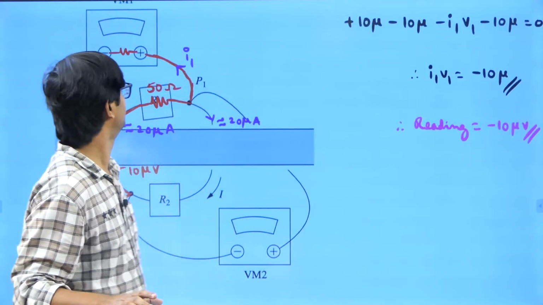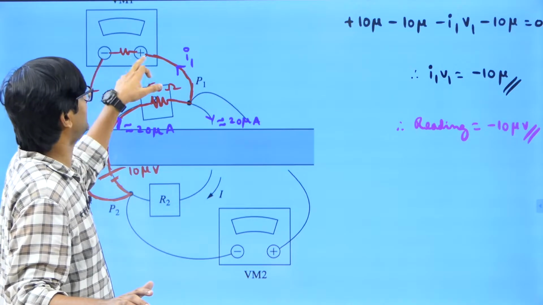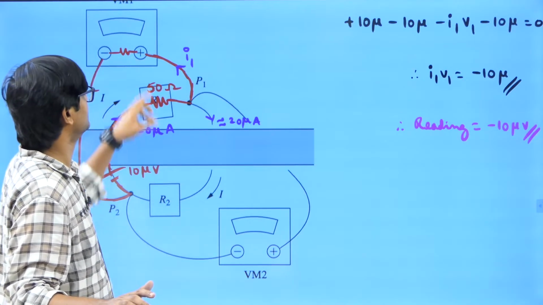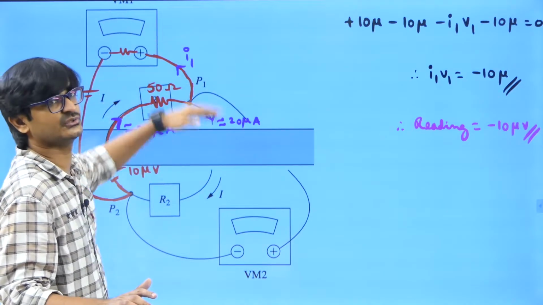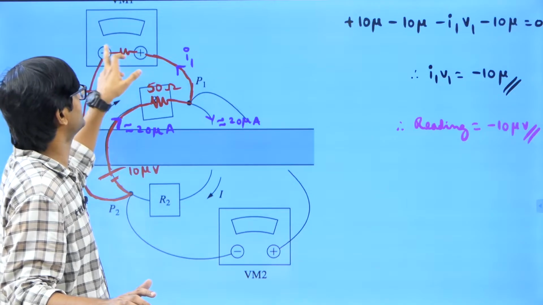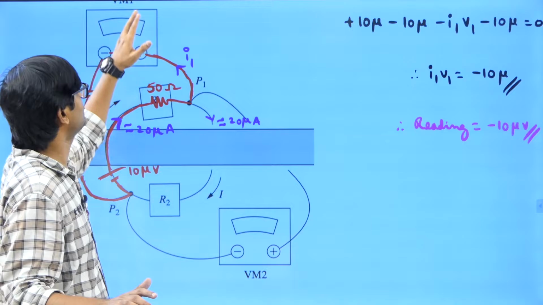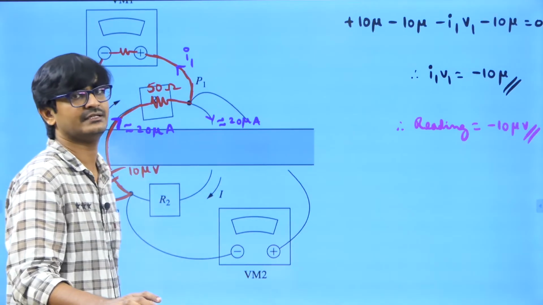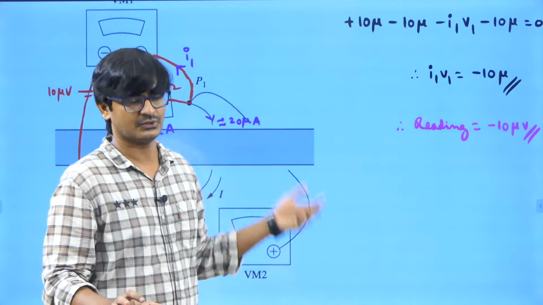What does that mean? I assumed this is higher potential, this is lower potential, which is how I made the connections also. If it was positive, then it would have shown me a positive reading. Now it is negative, so what will happen? I assumed this higher potential, this lower potential, but it turned out this is lower potential, this higher potential. So it will show a negative reading, it will show minus 10 microvolt. If my assumption was correct, then it would have shown a positive value.